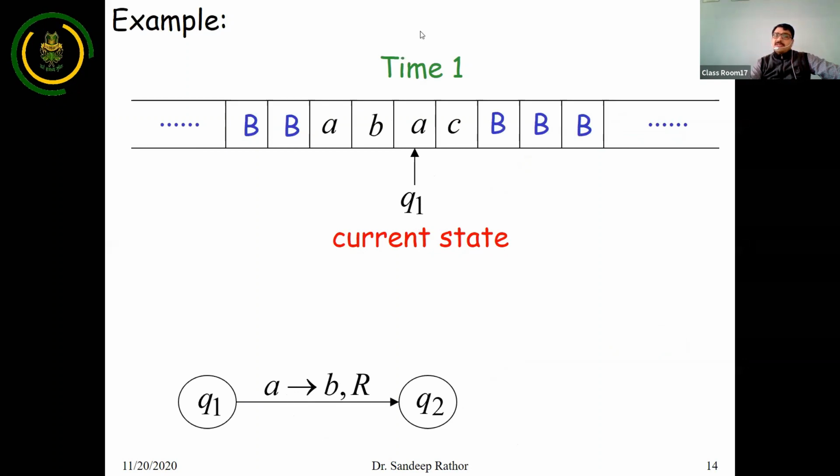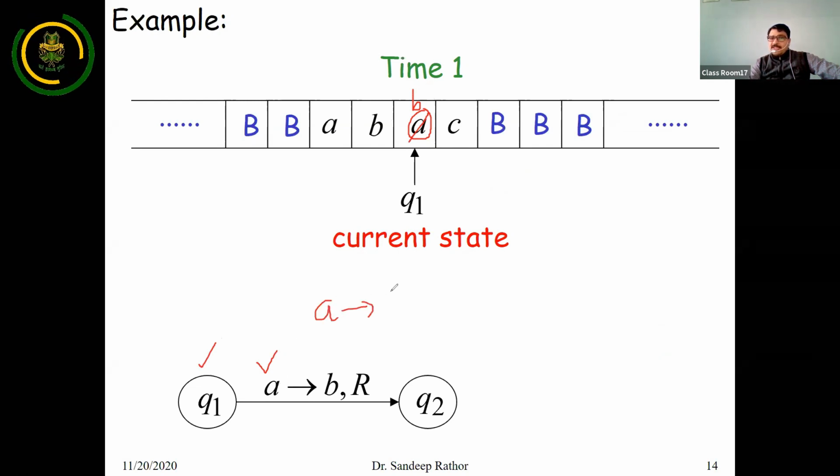Suppose you are in Q1 state and you are reading symbol A, right? So after that, the diagram can be represented as you are in state Q1, you are reading A. Now you want to write B in place of this A and move to the right. So how can we write this statement? A, you are reading.